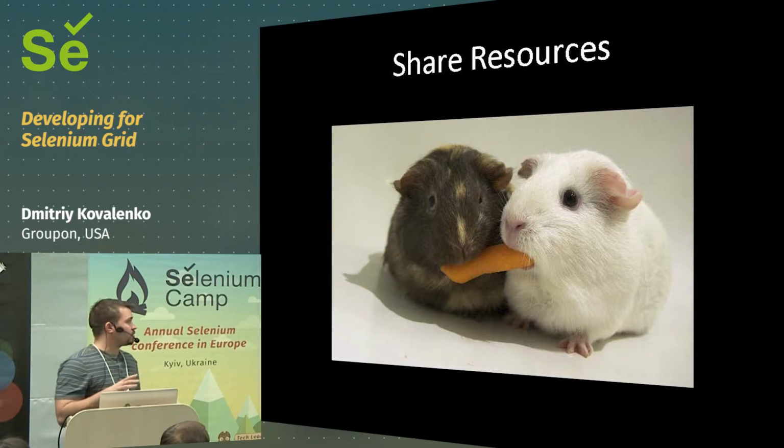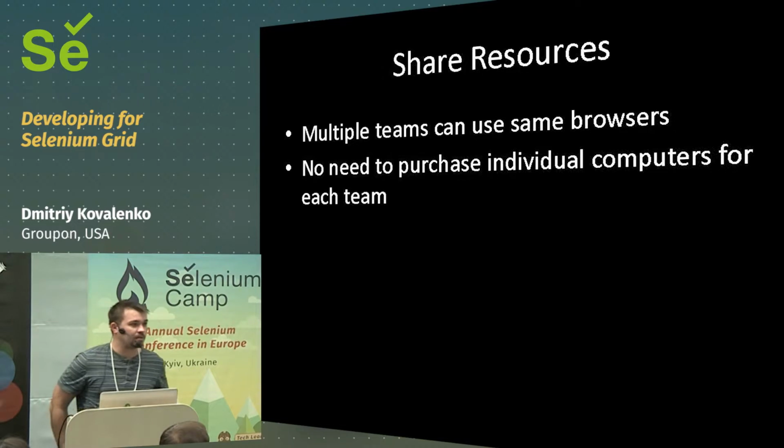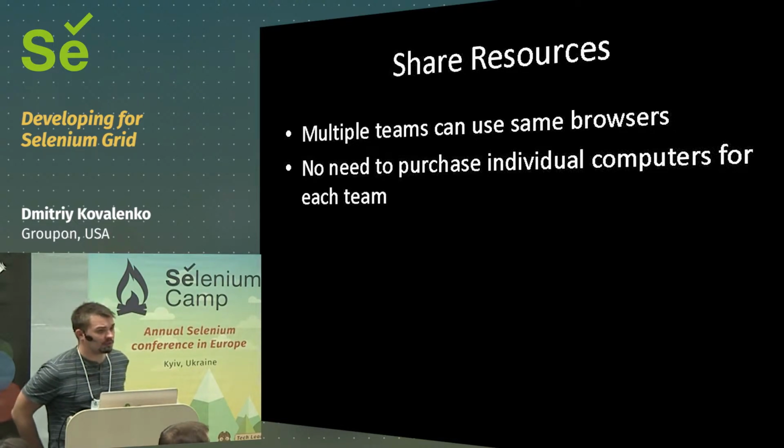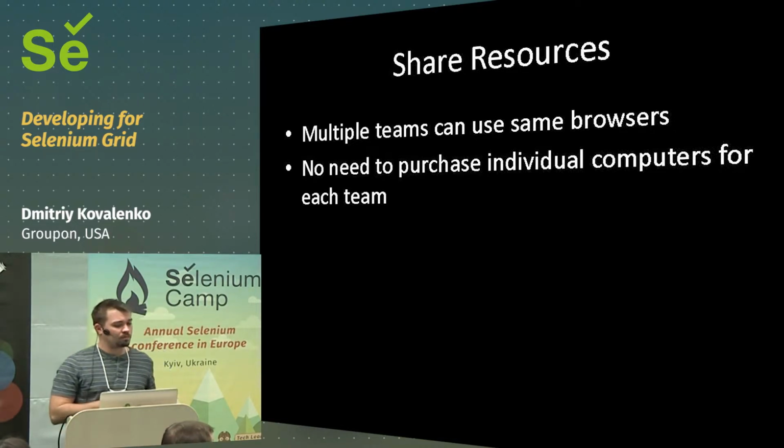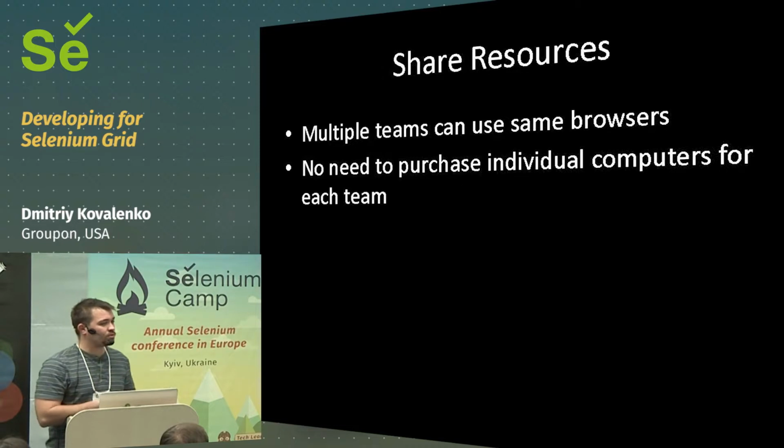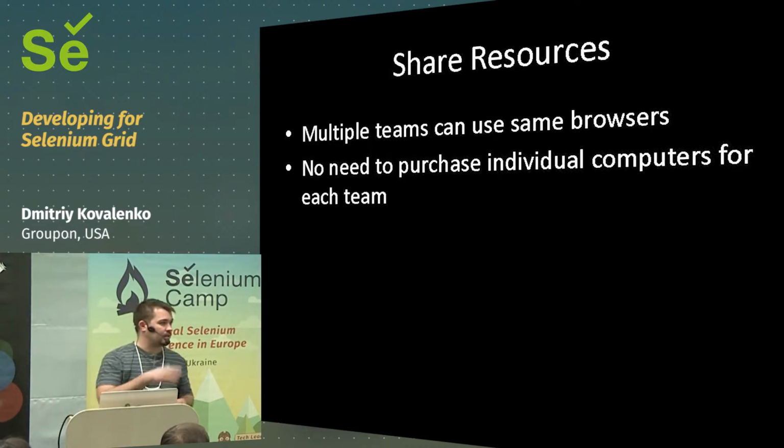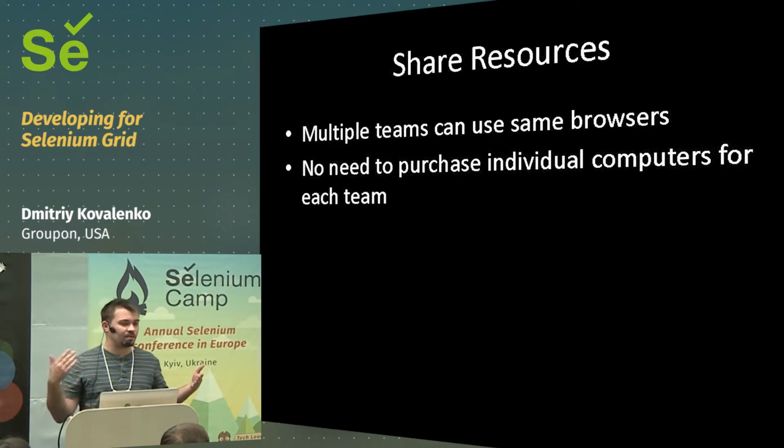The grid allows you to share resources. Right now we have multiple teams. We have 3 or 4 teams using the same grid at the same time, and we don't have to have a grid for each team. That is a little bit also tricky because, as Marcus's tool shows, if one team is having a busy day and another team is having a busy day, you run into issues.